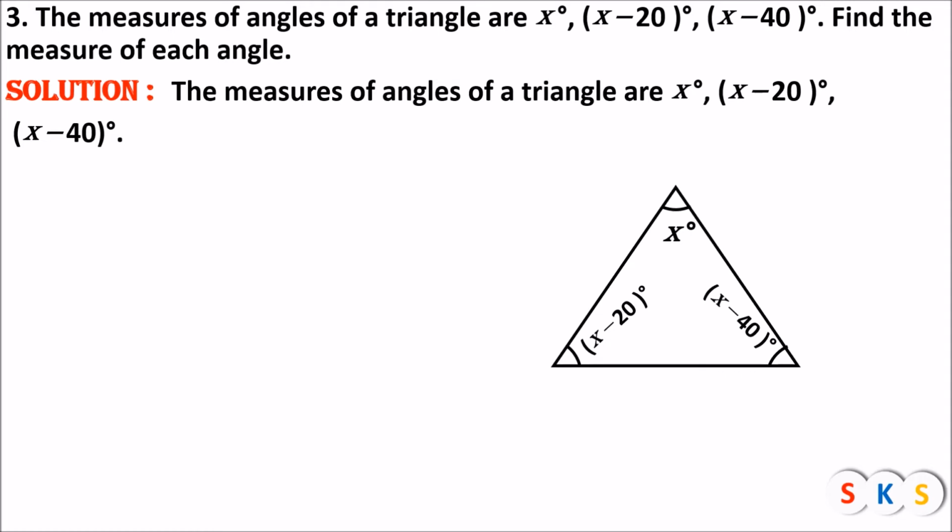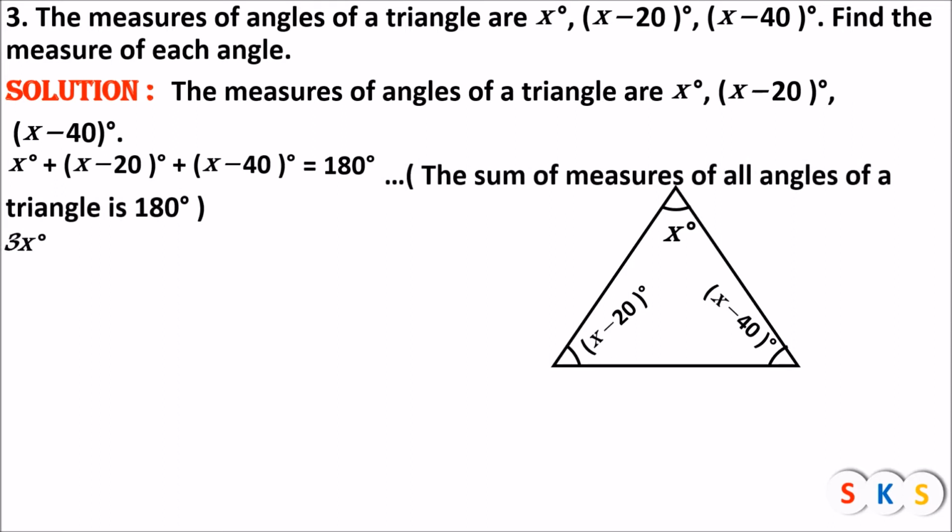We know the sum of the measures of all three angles of a triangle is 180 degrees. Therefore, x degrees, the measure of the first angle, plus x minus 20 degrees, the measure of the second angle, plus x minus 40 degrees, the measure of the third angle, equals 180 degrees. Now x plus x is 2x plus x is 3x, and minus 20 minus 40 is minus 60, equals 180 degrees.